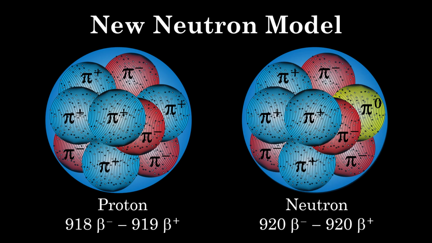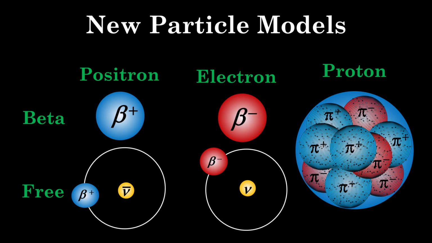Though not discussed here, the neutron is modeled as an extension of the proton, having 2 extra beta electrons and 1 extra beta positron, giving it 920 beta electrons and 920 beta positrons and a charge of 0. Using these models, we can explore how atoms see neutrinos.